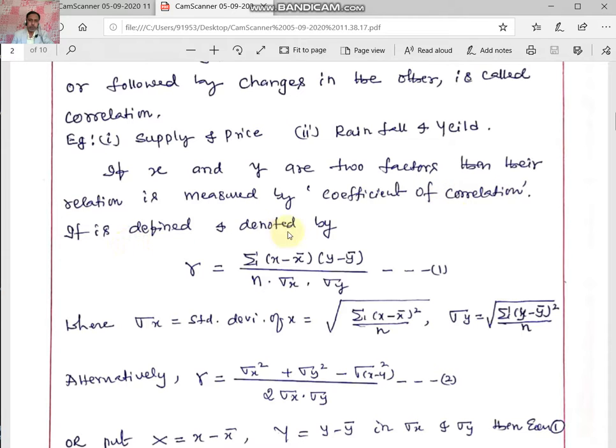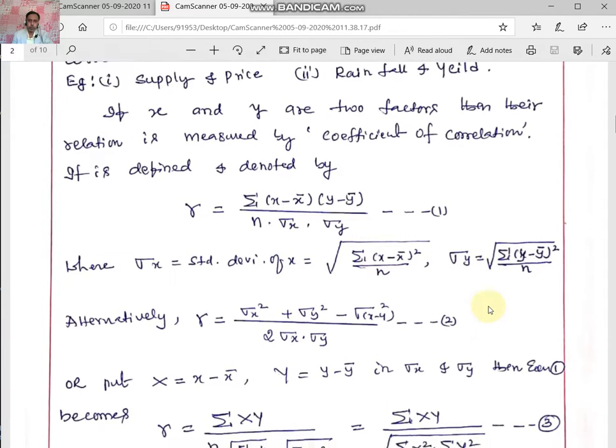It is defined and denoted by r is equal to sigma x minus x bar into y minus y bar divided by n into sigma x into sigma y. These sigma x, sigma y are defined as the standard deviation of x and standard deviation of y values.